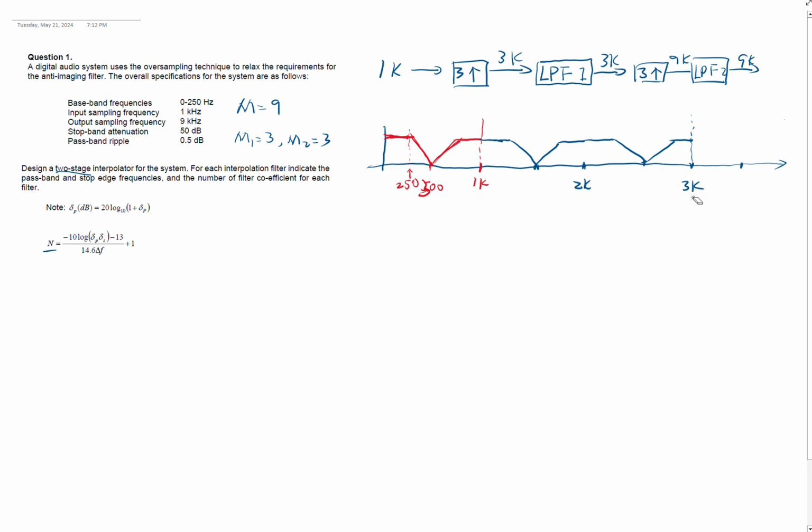For this one, you only see up to 3K. All of these are images, which we don't really want. So all the images up until here.